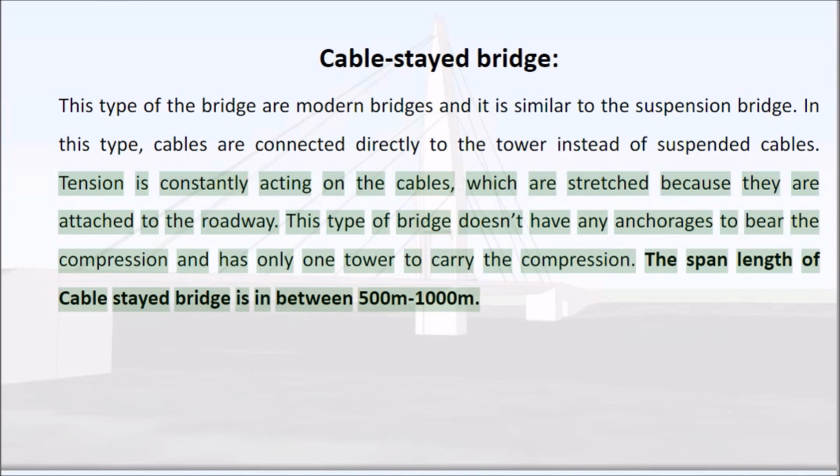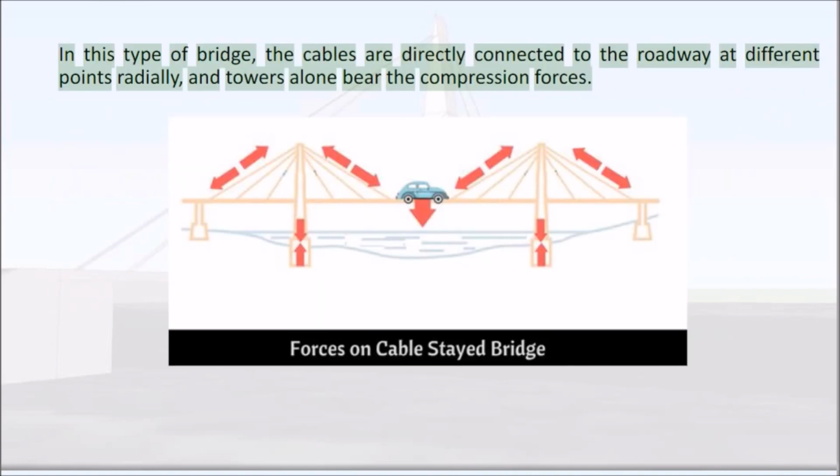This type of bridge doesn't have any anchorages to bear the compression and has only one tower to carry the compression. The span length of a cable-stayed bridge is between 500 m and 1000 m. In this type of bridge, the cables are directly connected to the roadway at different points radially, and towers alone bear the compression forces.